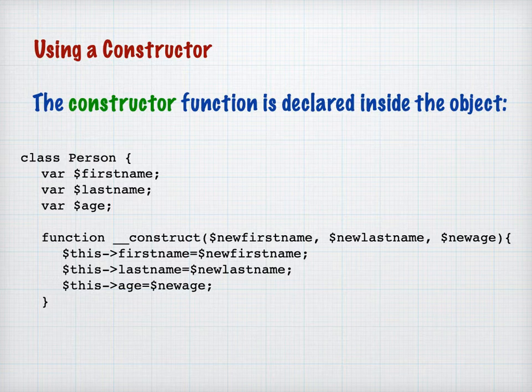Now there's something special about underscore underscore construct, because when PHP is used to construct an object of a particular class, that construct function is automatically called. So every time we use that new keyword, if there is a construct function, that construct function will be called, and that will enable us to actually pass information into the person, and it looks something like this.